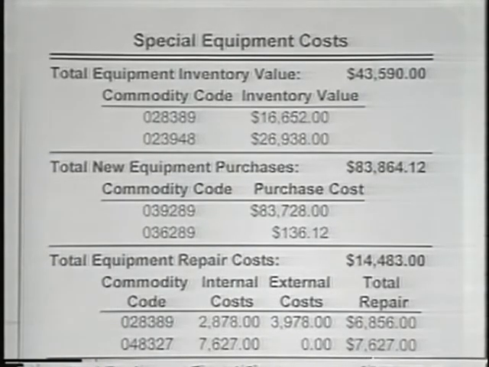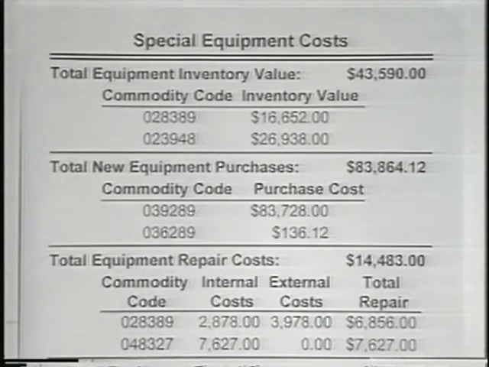The screen format for item 4 on page 8A is headed by special equipment costs.